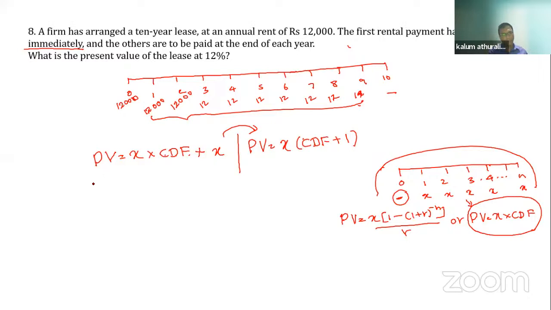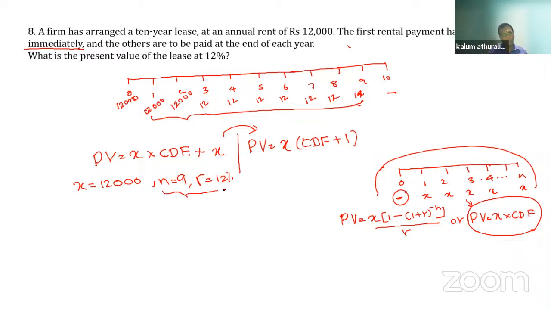Now x equals 12,000, and what is n? n is not 10, it is 9. Payments are made up to the 9th year, so it should be 9. r equals 12%.